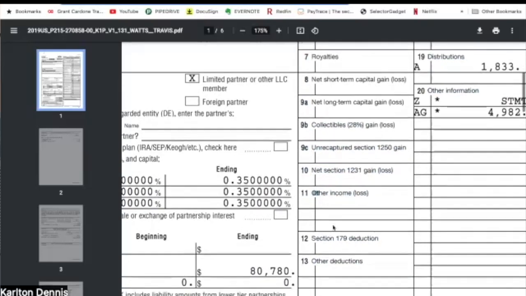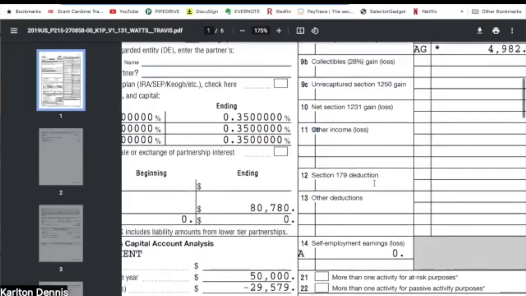Now, we also have down here at the bottom, Section 179 deduction. The reason why Section 179 deduction is here is in the event that the partnership decides to administer Section 179 deductions for their partners, we can track what type of Section 179 deductions the partner may be receiving.